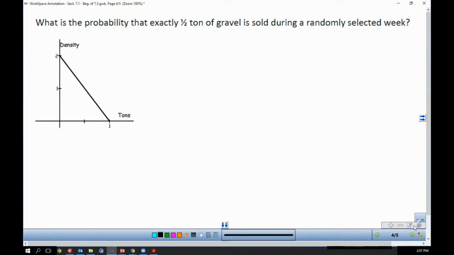Next one. What's the probability that exactly half a ton of gravel is sold during a randomly selected week? So we want exactly half a ton. So go to 1/2 up here.